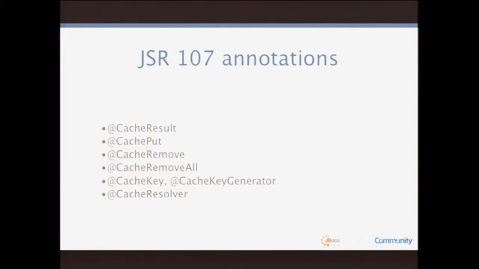We can also annotate methods with @CachePut, @CacheRemove, all of this stuff. These are all JSR 107 annotations, so they are standards. I'm sure you can guess what they do. It basically means that you have more fine-grained control over what's happening in your cache, in your data grid, all via very simple CDI annotations in your application.